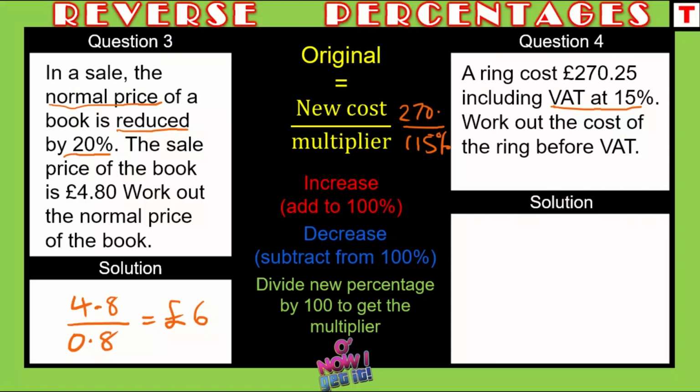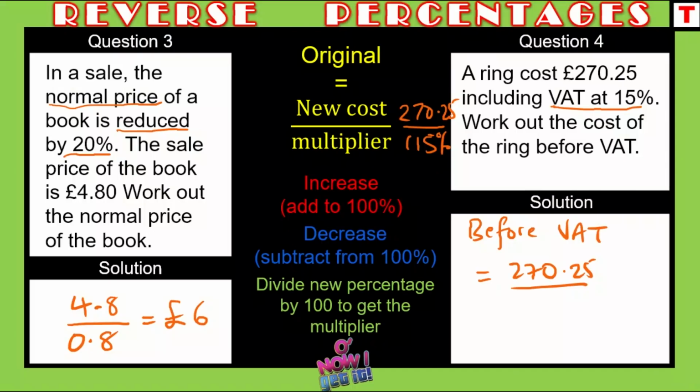Therefore, the cost would have been £270 and 25p. That would now go to the top that we have here. So for our cost before the VAT, this would have been the 270.25 all divided by the 115%, but the percent would need to be converted to the decimal to get the multiplier.